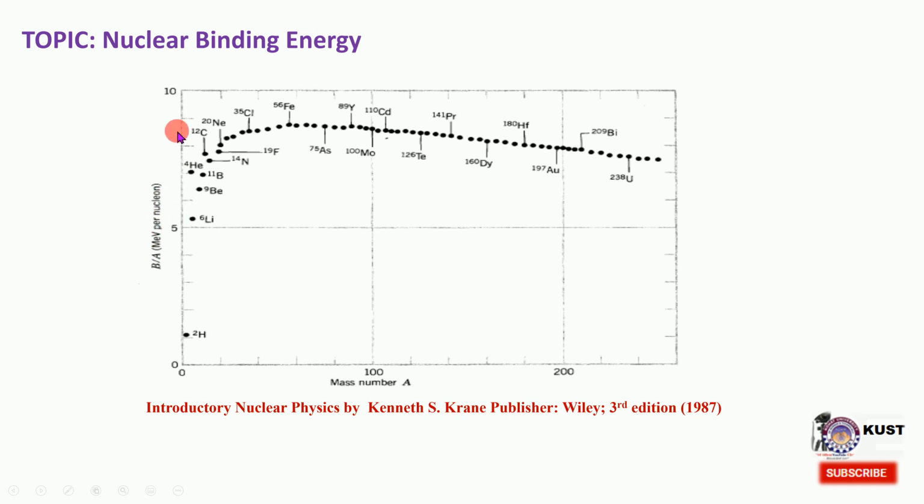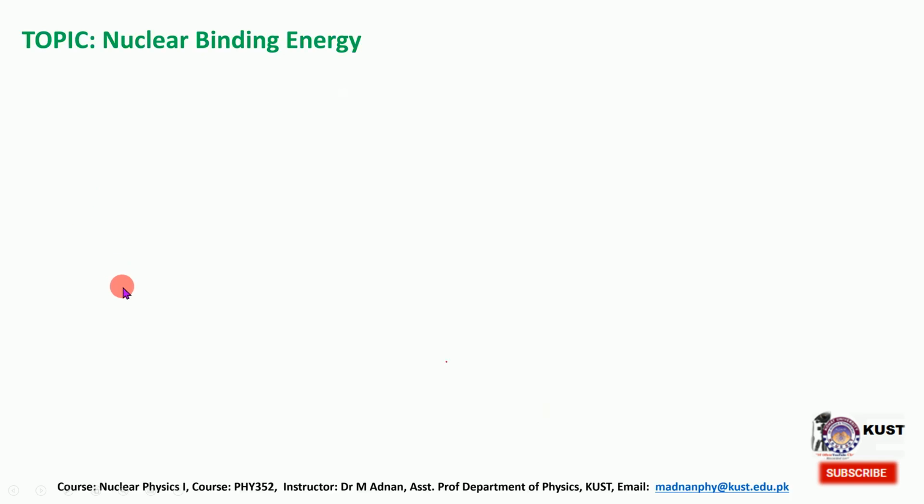And this is 5, this is 10, so this is around 8 mega electron volt, with a few exceptions that we will discuss in the coming lectures. So roughly they are the same. So you need to find out the binding energy per nucleon in that assignment.